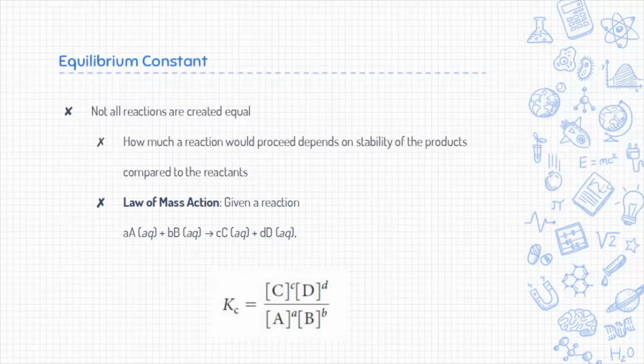Now, I said that in a reaction the reaction composition will stop changing at a certain point, but not all reactions are created equal, meaning that there are some reactions where it barely reacts at all, and the forward reaction rate and the reverse reaction rate would match when barely any of the reactants has turned into products, or there might be a reaction where it essentially goes to completion, which basically means that 100% of the reactants has turned into products.